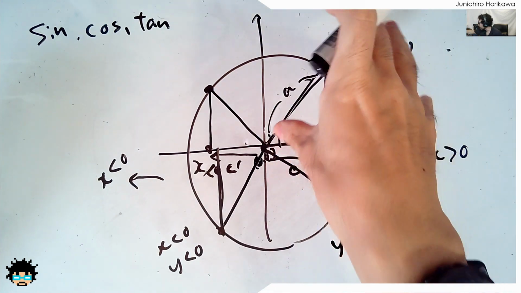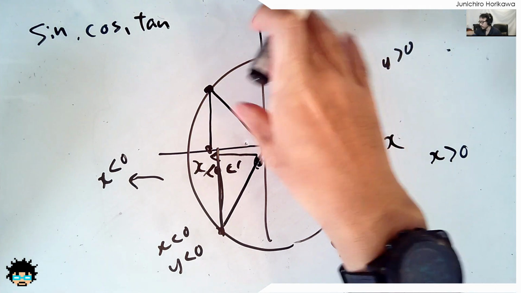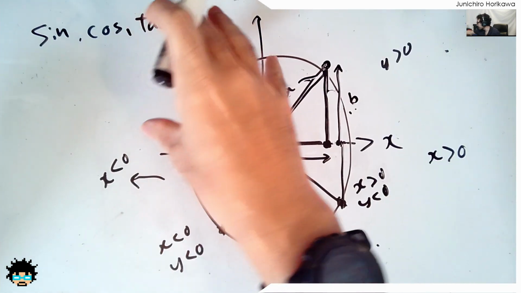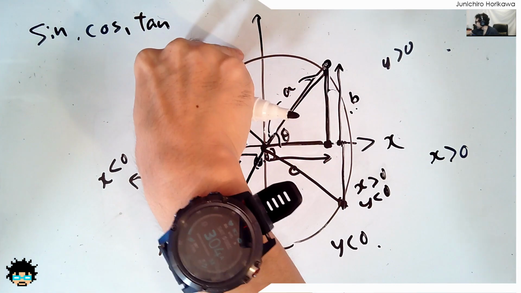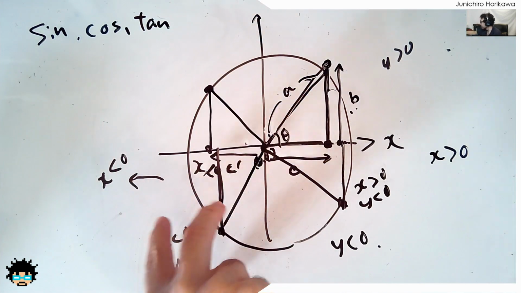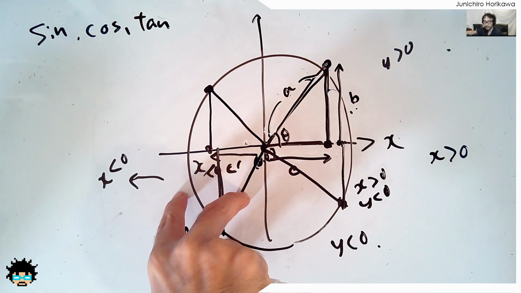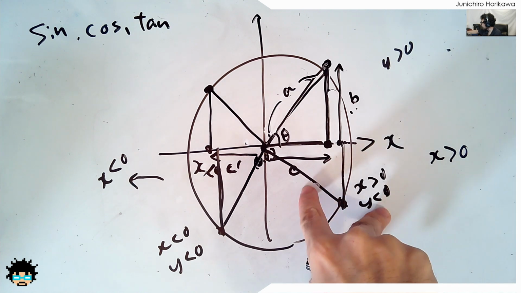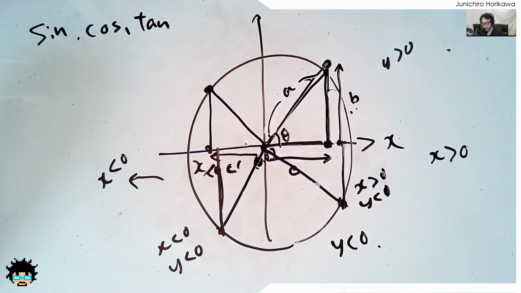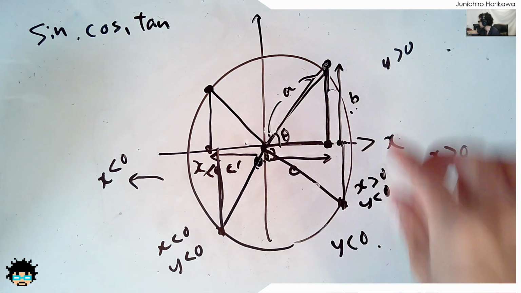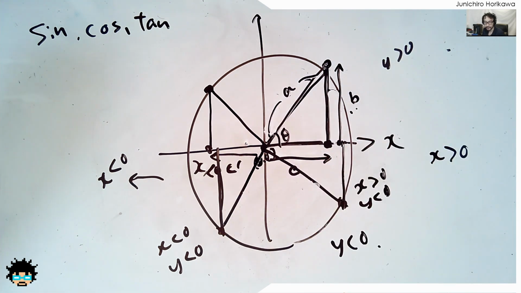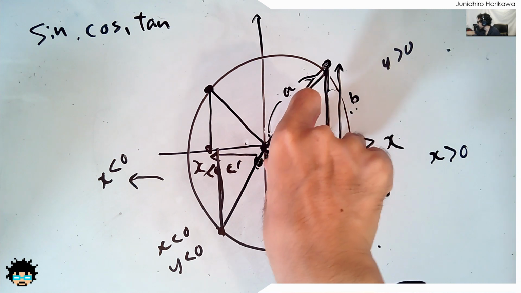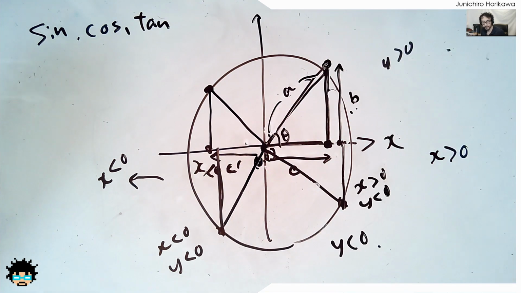So if it's on the right top position, B and C will be positive. If it's right here, C will be negative and B is positive. This is negative for both B and C, and this is C positive but B negative. So that's how you use B and C as a coordinate in this case, in order to express this information C and this information B.